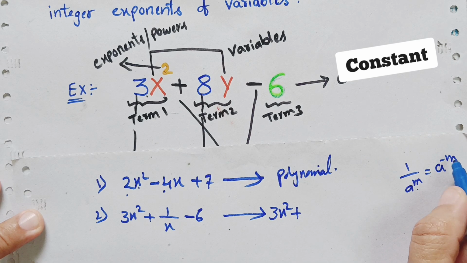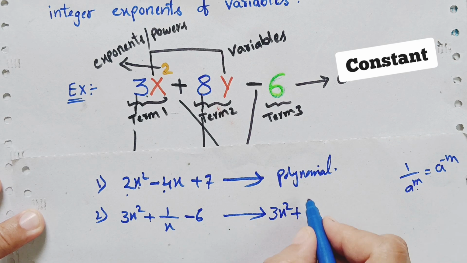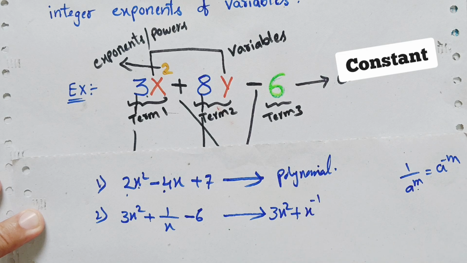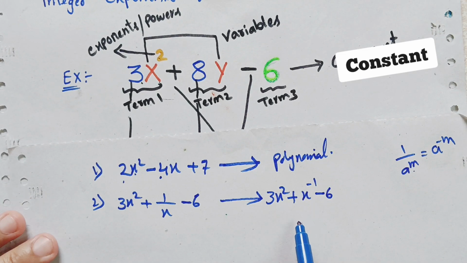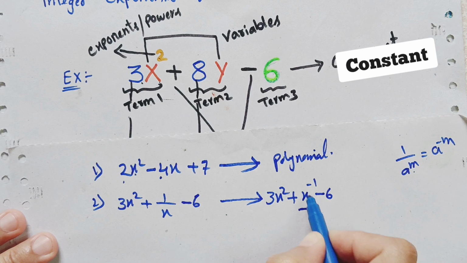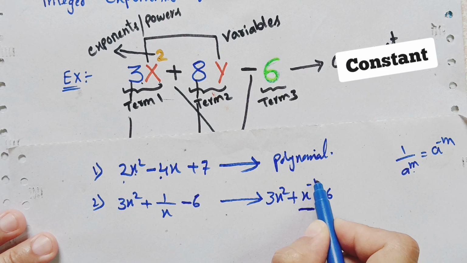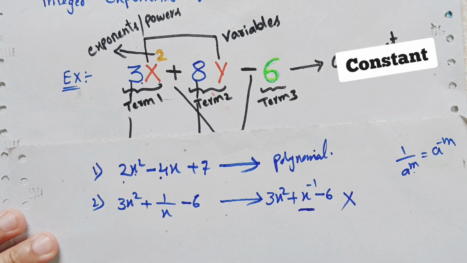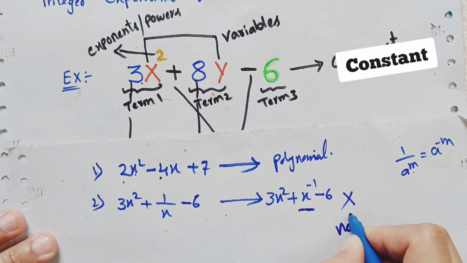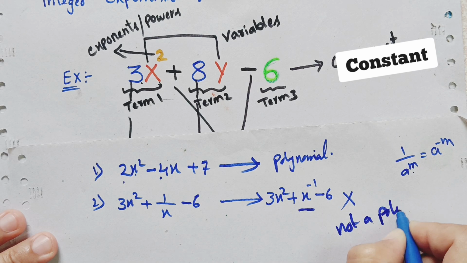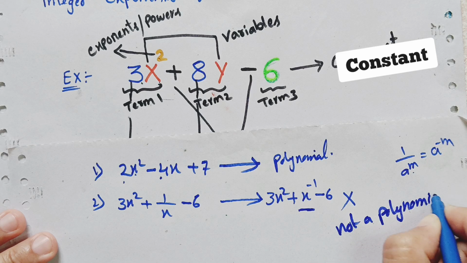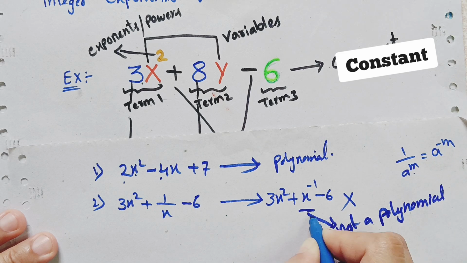When the denominator comes to the upside, it takes the minus sign in the power. So 1 by x can be written as x to the power minus 1, then minus 6. Now tell me, is this a polynomial? No. Why? Because for this variable we have a negative power. So this is not a polynomial.